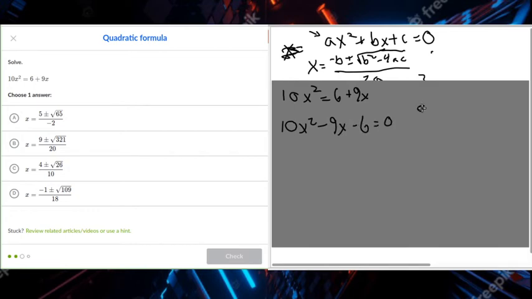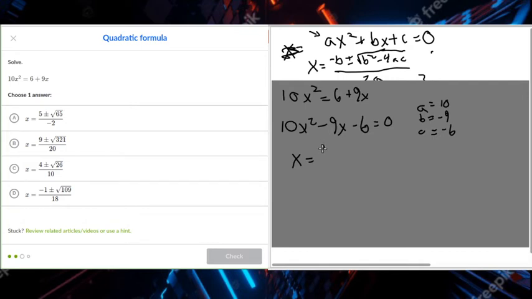And now I can set my a is equal to 10, b is equal to -9. Just make sure you look for that. c is equal to -6. Then we're going to substitute into our quadratic formula.